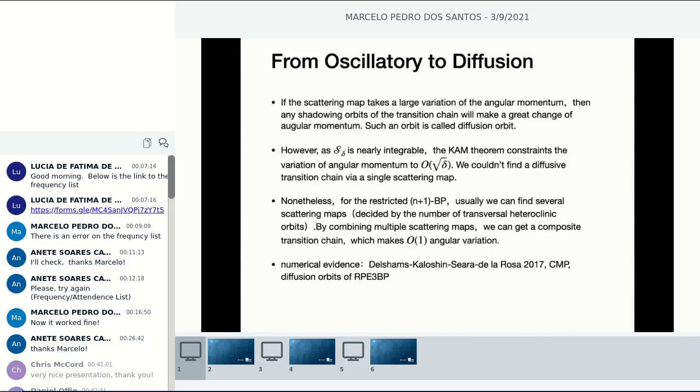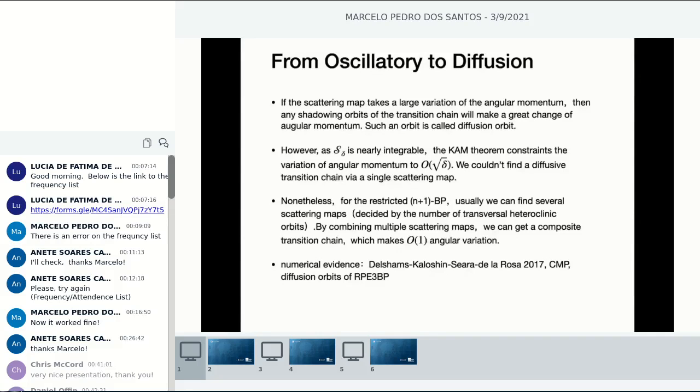However, for the restricted n+1 body problem, usually there are several scattering maps, because usually we can get several transversal heteroclinic orbits. Along each heteroclinic orbit, if the perturbative theorem applies, that indicates in some sense that we get some nearly integrable structure.